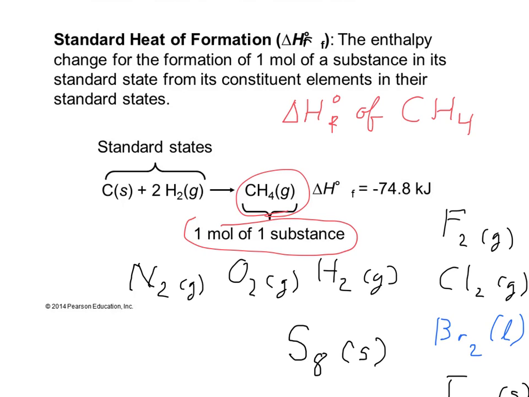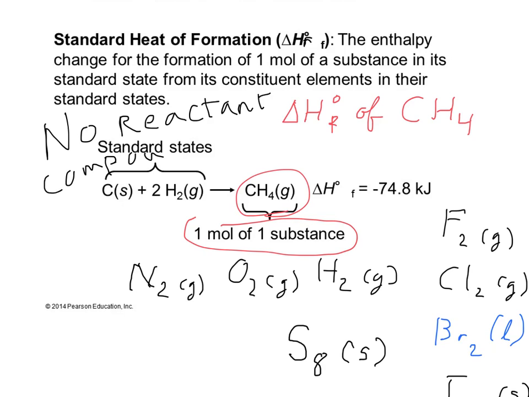What elements make up methane? Carbon and hydrogen. So I have to make it up from carbon and hydrogen. I can't make it up from other compounds. In a standard heat of formation reaction, no reactant compounds.